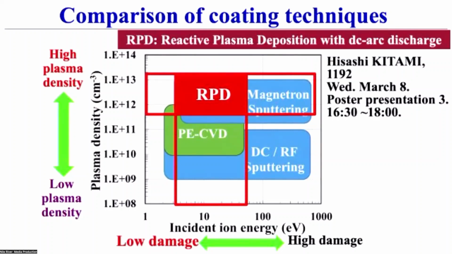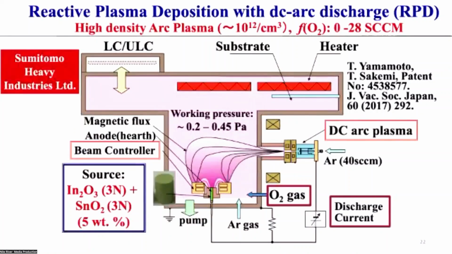The features of the RPD show the high plasma density as well as magnetron sputtering. And as you can see, another of the features is very narrow windows as well as plasma enhanced CVD. Okay.